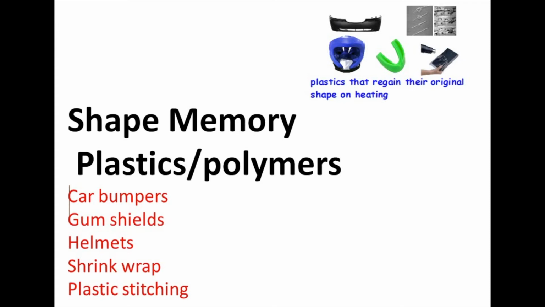Shrink wrap is another type of shape memory plastic. If you heat it up, it will shrink down and it will cover the packaging that you've got nice and tightly. And plastic stitching, that will warm up as it's put into your skin, and it will go to the desired shape and it will close the cut.